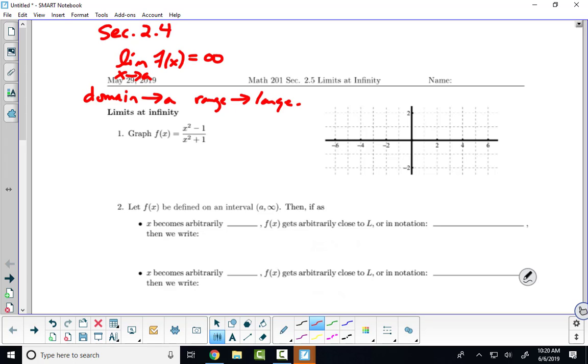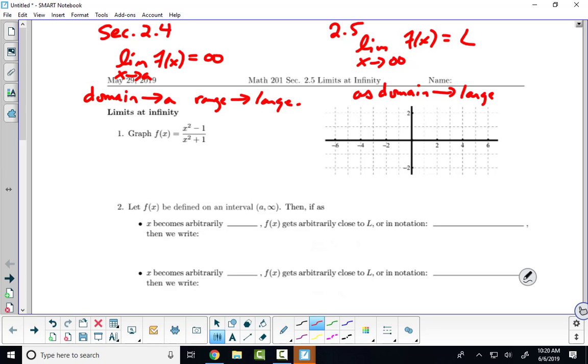Okay? Because here in 2.5, we're going to look at the limit as x approaches infinity of f of x, and we're going to say that that's something like L in some cases. Not always, but in some cases. So what's going on here? As the domain values do what? They get large.